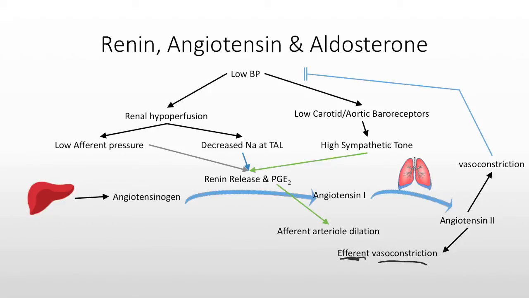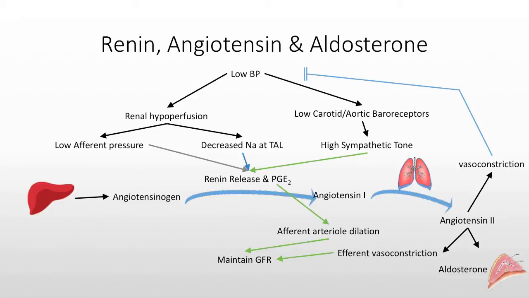So if you look at the afferent arteriole, prostaglandin E2 is causing dilation. The efferent arteriole, angiotensin 2, is causing vasoconstriction. This has a net effect of maintaining renal blood flow and increasing glomerular filtration rate. So our GFR gets back to normal.